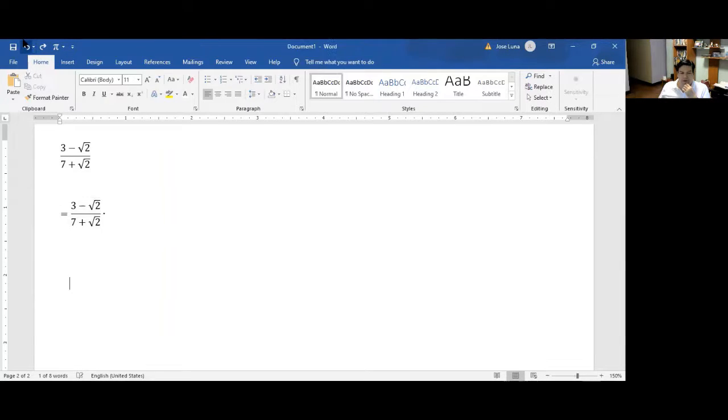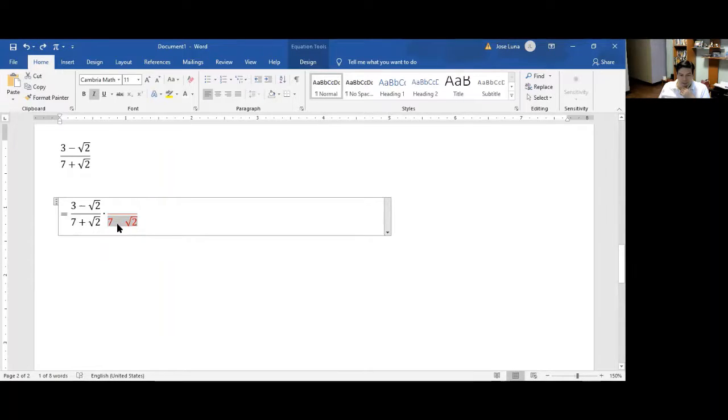Okay, so I'm going to have a fraction. Now, in the denominator down here, we're going to have the same two terms. So I'm going to write the 7 and the square root of 2. There they are, 7 and the square root of 2.